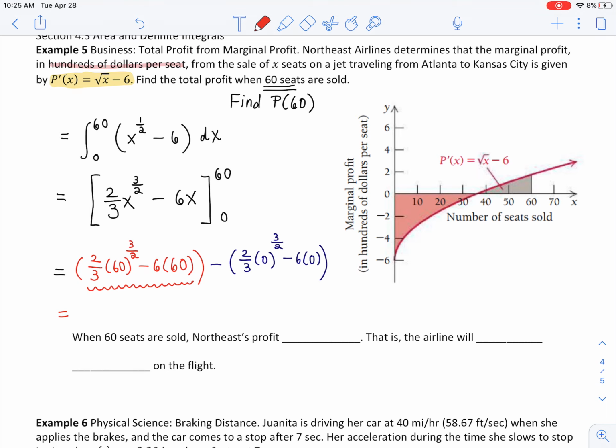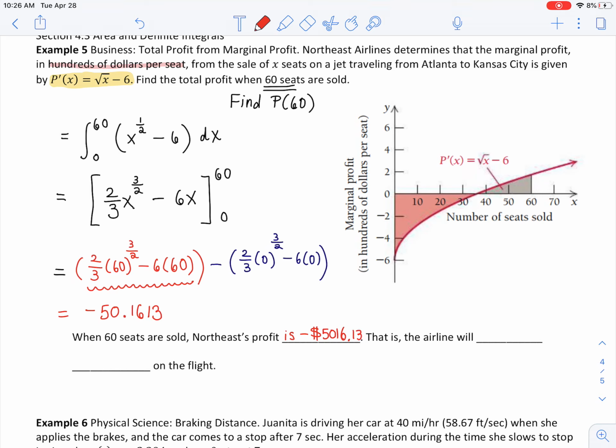So let's go ahead and write this down in our notes. Okay, so that did come out to be negative 50.1613. And because the units were in hundreds of dollars, I'll say when 60 seats are sold, the Northeast profit, I do want to write down, is negative $5,016.13.